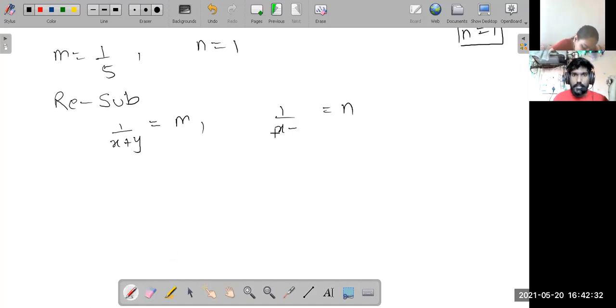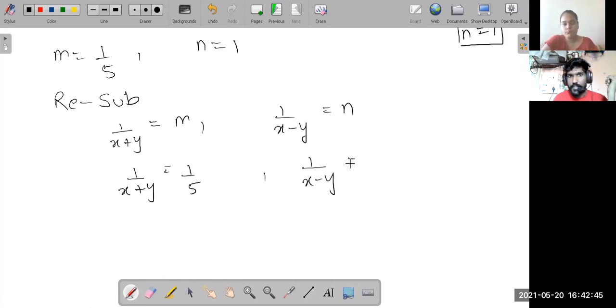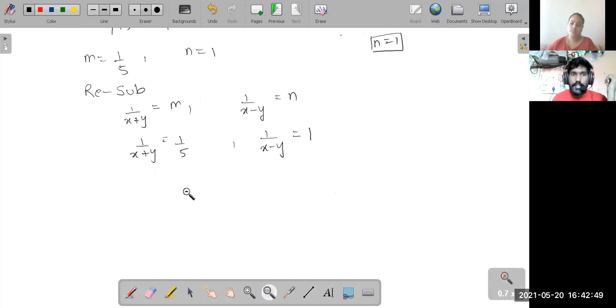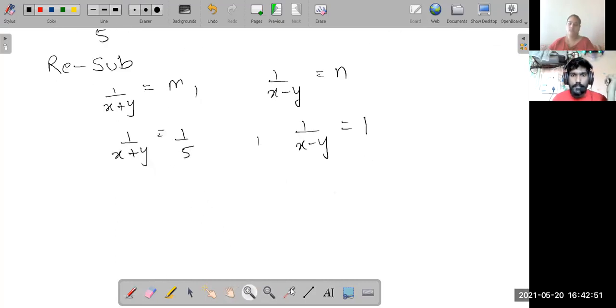Okay, so let's substitute the values of m and n. So 1 upon x plus y is equal to 1 upon 5, and here 1 upon x minus y is equal to 1. Okay, now here if you see, we have an equal to sign.